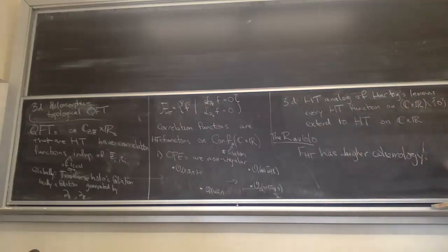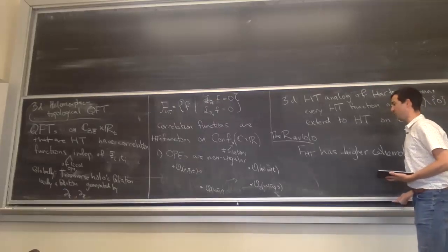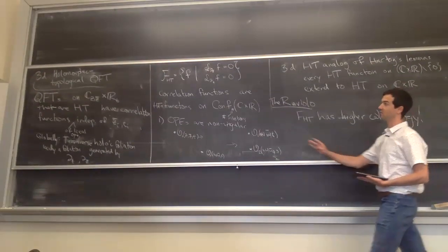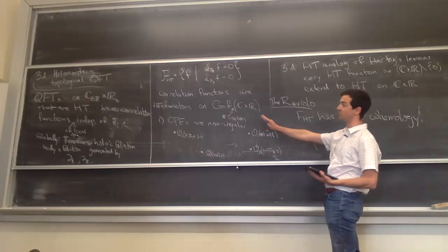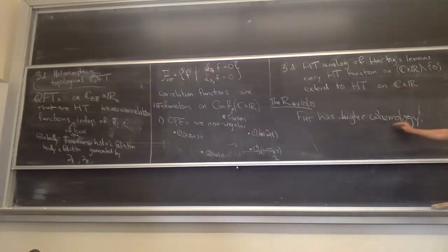In particular, there's more information in correlation functions than just looking at these simple things we were doing before. This cohomology, I remind you, is the analog of holomorphic functions. And so at the end of the day, what we'll find is a tower of symmetries analogous to the ones that we saw in the two-dimensional setting, labeled by these cohomology classes.